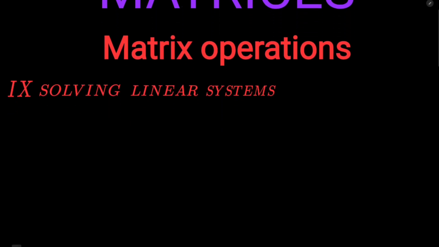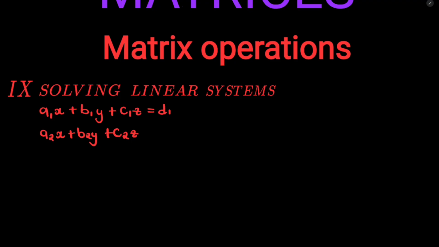So, if we have three equations, let's say a1x plus b1y plus c1z equals d1. Then we have a2x plus b2y plus c2z, let's say this one is equal to d2.